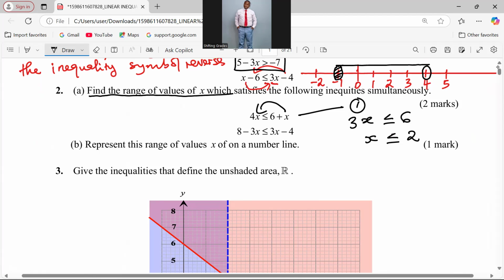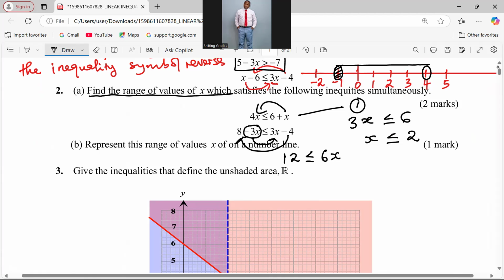Then in the second one, I have again to work with negatives. There is a negative 3x here. So when we take it to the right, that will be 6x. Then now this 4 will be added to this side, so that we have 8 minus 4 becomes positive 4, which is now 12.